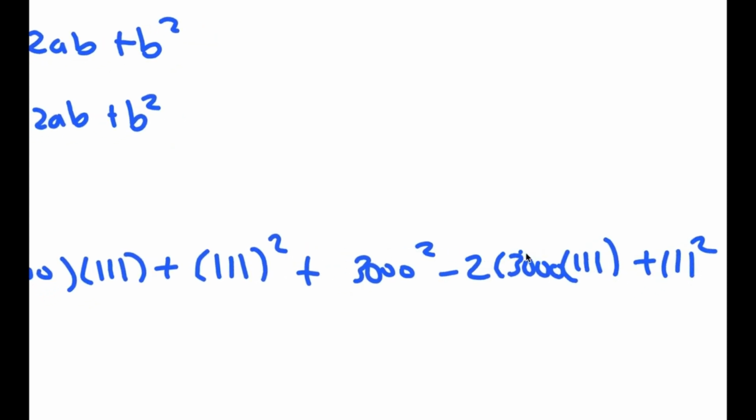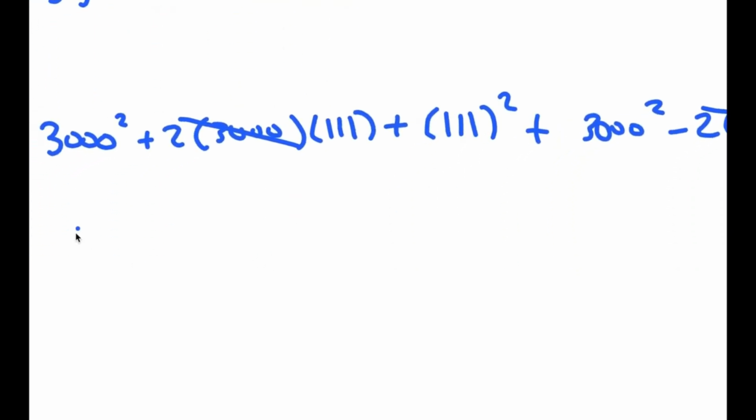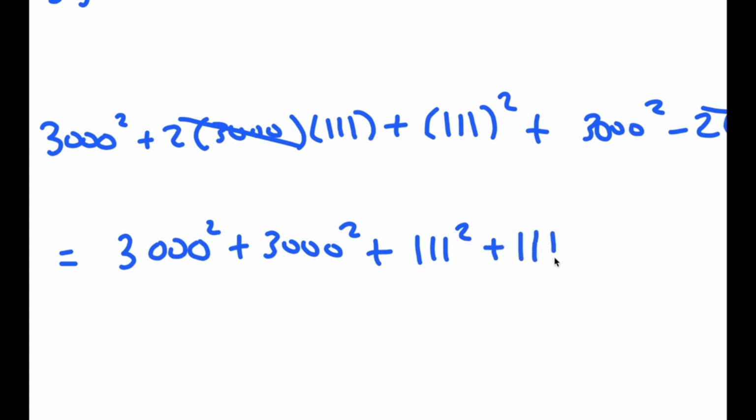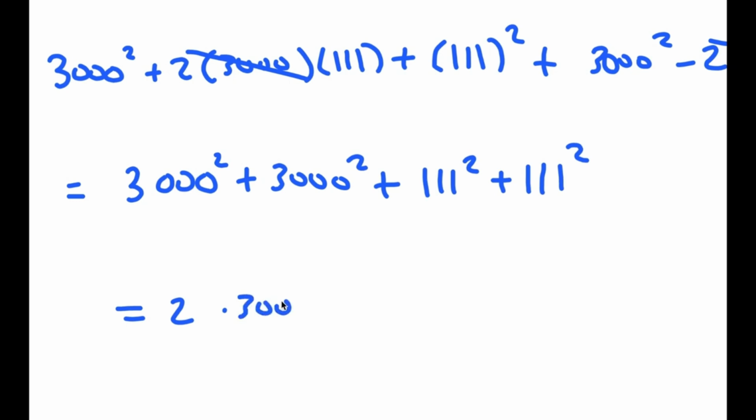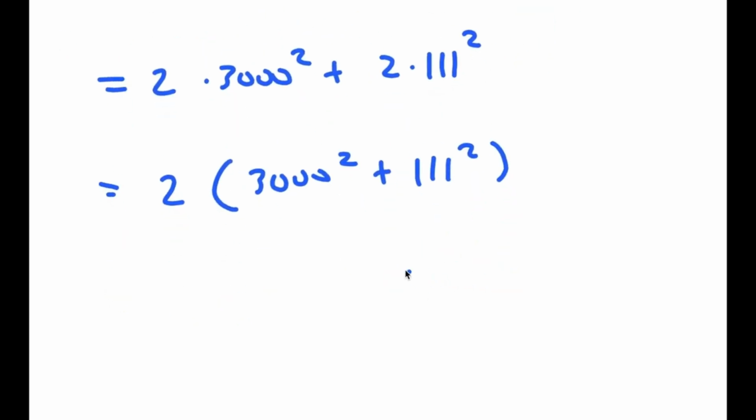So these two, negative 2 times 3000 times 111 and positive 2 times 3000 times 111 cancel out. So I'm left with 3000 squared plus 3000 squared plus 111 squared plus 111 squared, which is the same thing as 2 times 3000 squared plus 2 times 111 squared. So now if I factor out 2, I get 2 times 3000 squared plus 111 squared.